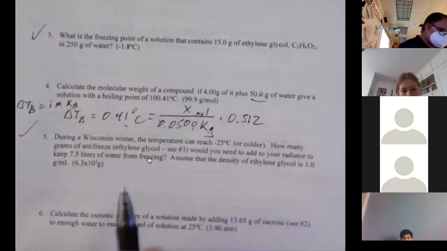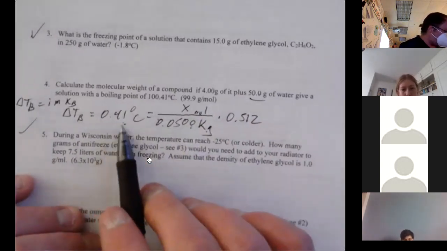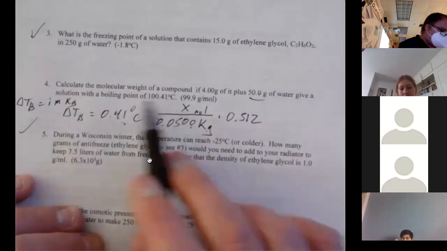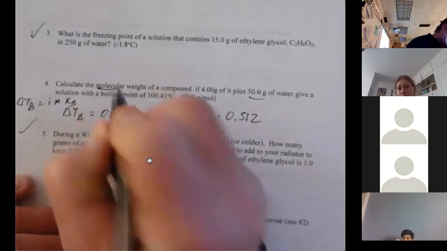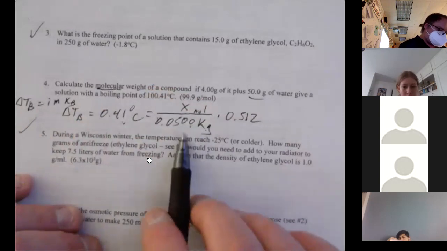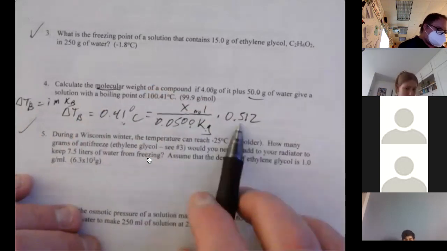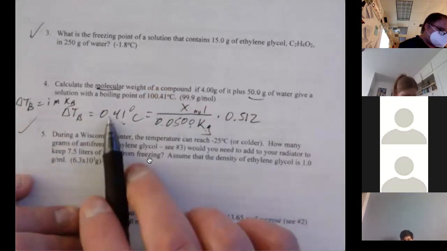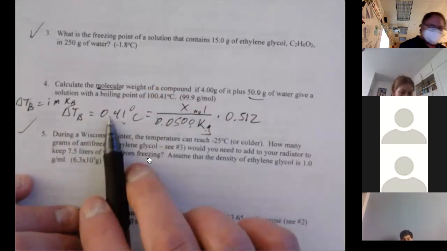Yes. So we have 0.41 degrees Celsius as the delta T sub B. The i, because it is a molecular compound, is 1, so we don't have to worry about that. We've got the kilograms of the water. So in order to solve for X, I need to multiply this by 0.05 and divide it by 0.512.